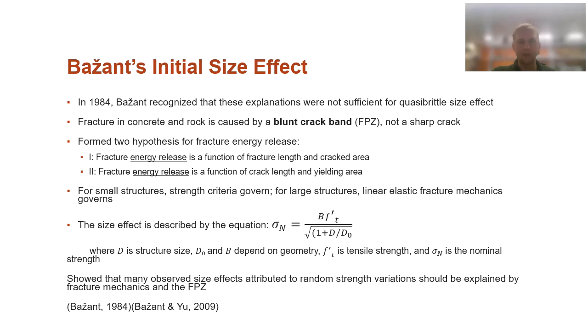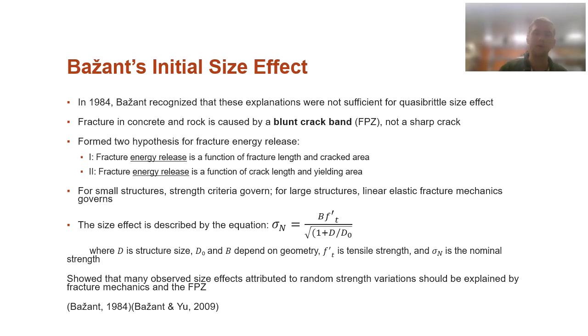So here comes this first equation from Bazant, and there's tons of different forms of it, and it gets referenced in future works as this form that we see on the screen here, where your nominal strength is a function of 1 over the root of your structure size.